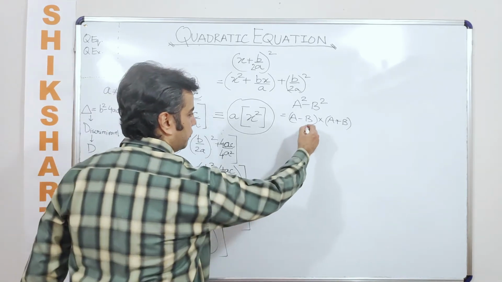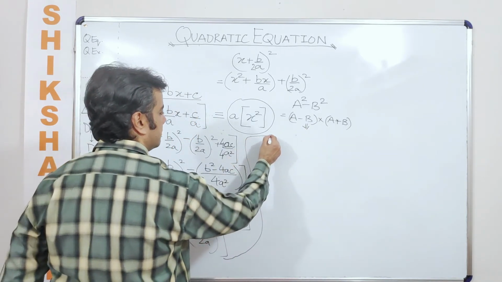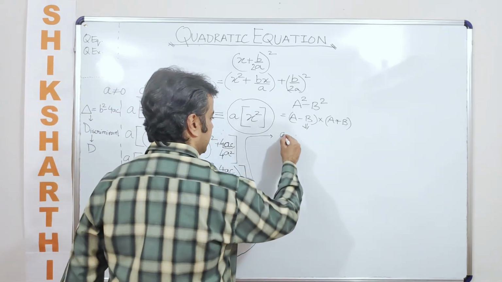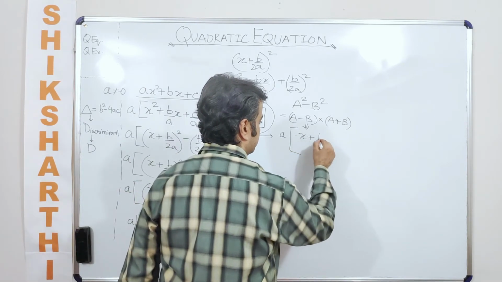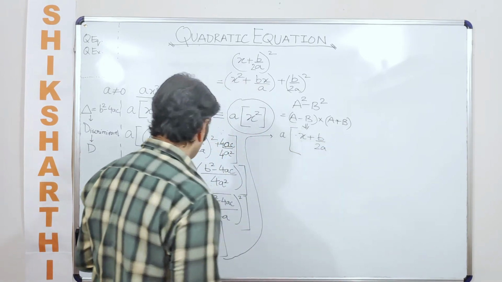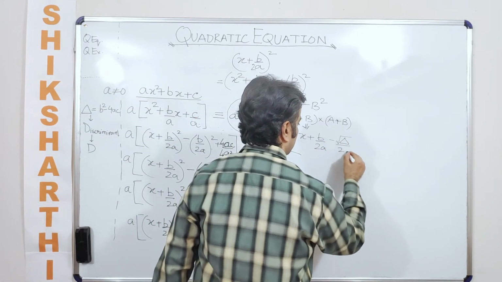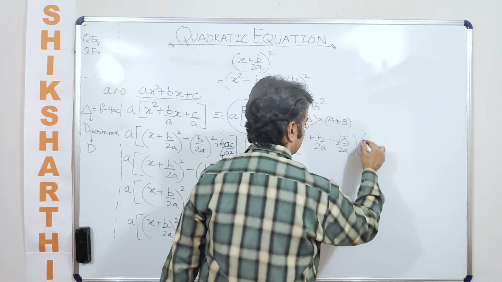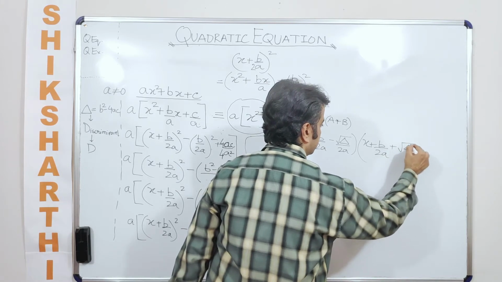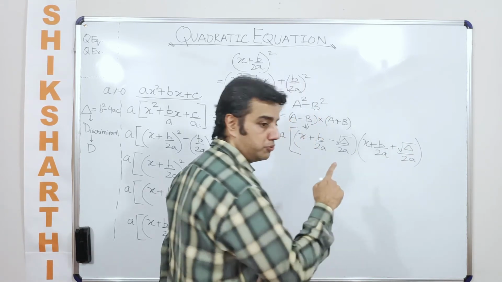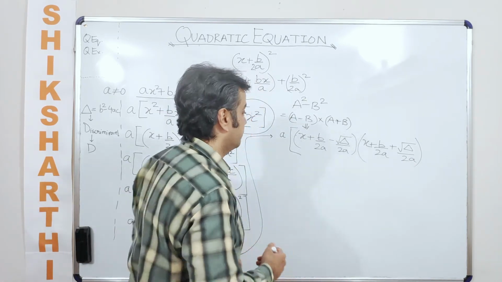And then using this formula, this can be written like a times of x plus b by 2a, once you subtract this, which is minus root delta upon 2a, and the next you would add this, x plus b by 2a, plus root delta by 2a. Now this proving is really important, because when you are proving this, you are learning so many things. Please understand it like this. This is what I was telling you.